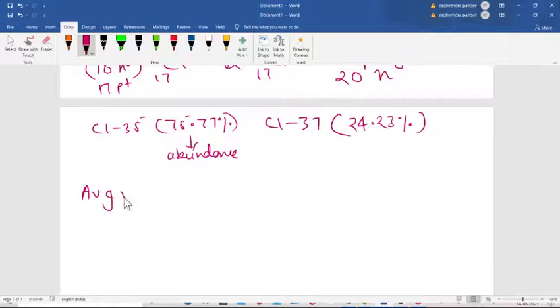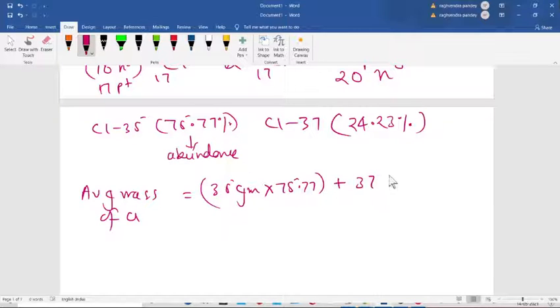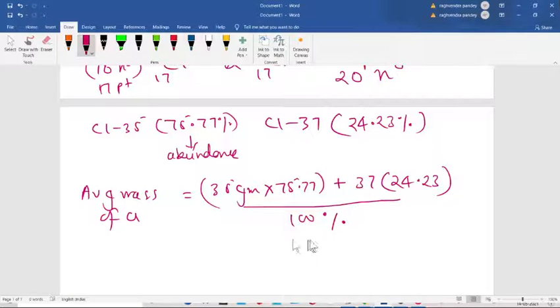Average mass of chlorine is equal to chlorine 35 means 35 gram into its abundance 75.77, plus chlorine 37 into its abundance 24.23, divided by total abundance, that is 100.